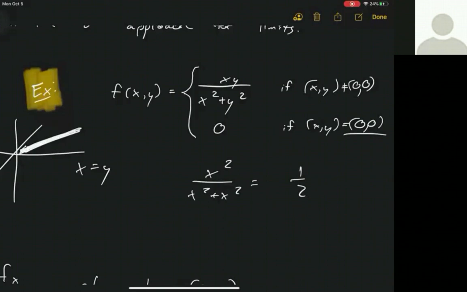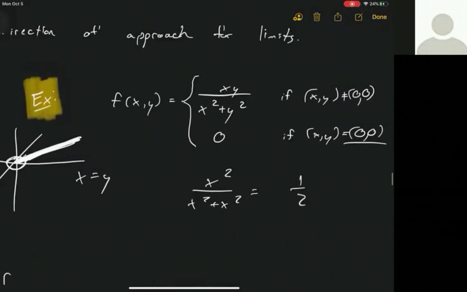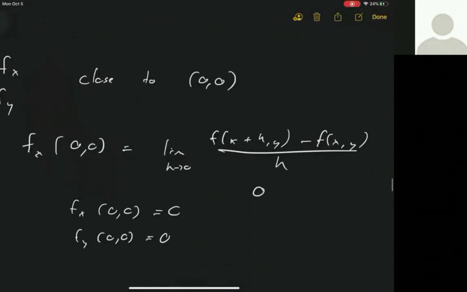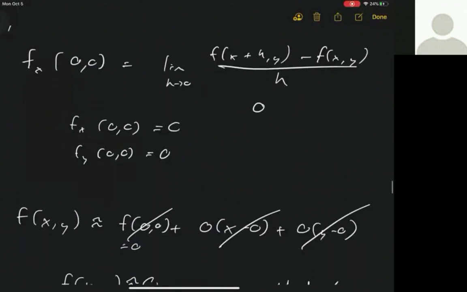But my linear approximation is saying that in a close area, it should be about 0. But it's always equal to 1/2 along this line. So that linear approximation doesn't really work for this function, does it? It breaks down. And one of the problems is that my derivatives aren't continuous.